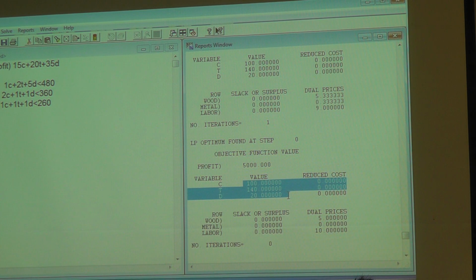last row in the dictionary, the profit is 5,000 minus something times number of chairs, minus something times number of tables, minus something times number of doors, minus something times the slack in wood, minus something times the slack in metal, minus something times the slack in labor.